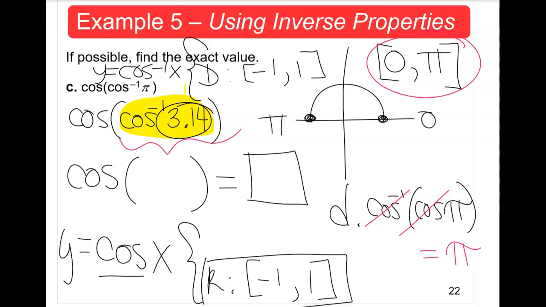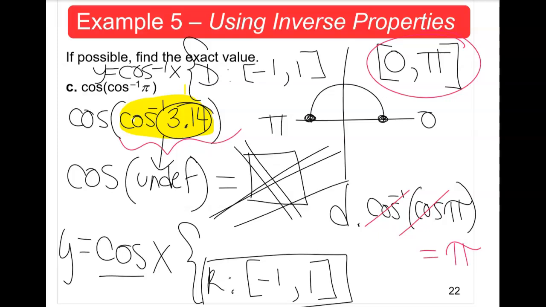Here this number goes well above that, so this is undefined. And therefore there is no answer for this one at all. So this will have no solution, no answer, undefined, DNE for does not exist, whatever option you have on WebAssign. And this is the end of the video.